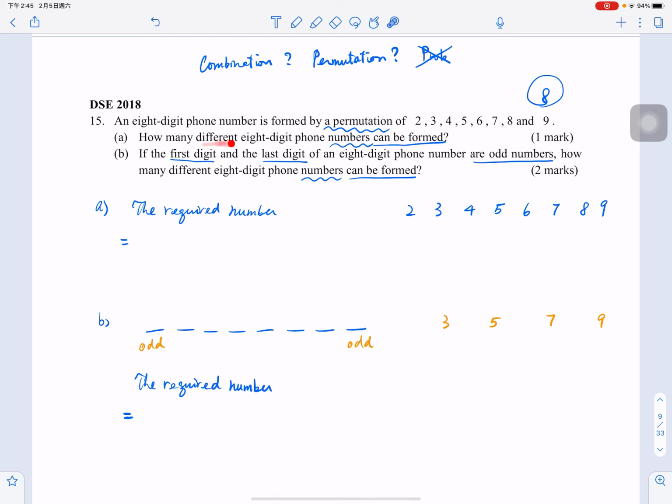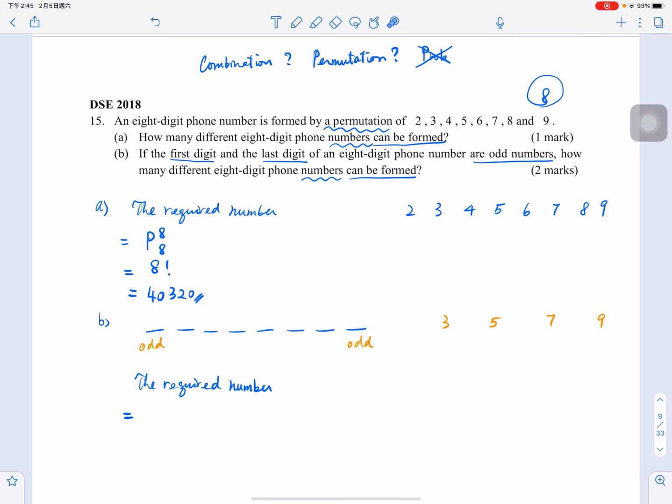Now, how many different 8-digit phone numbers can be formed? Because we choose all of them to form the number, 8P8, that means 8 factorial. 40,320 is the answer, because you take all 8 objects and choose 8 objects, getting the permutation. So part A is finished.